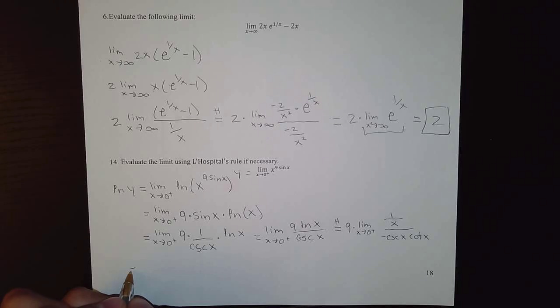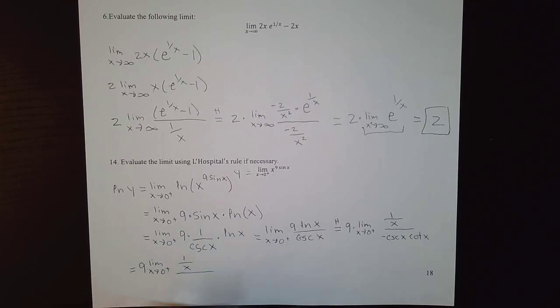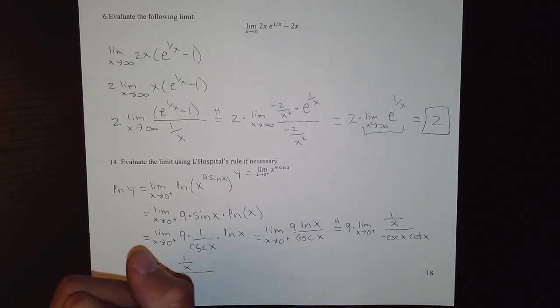Now let's use some algebra to rewrite this again. So this is like 9 times the limit as x approaches 0 from the right of 1 divided by x, but we're also dividing by cosecant x, which is like 1 over sine of x.